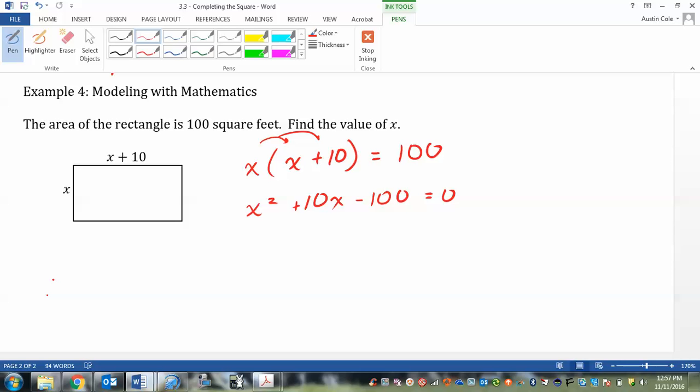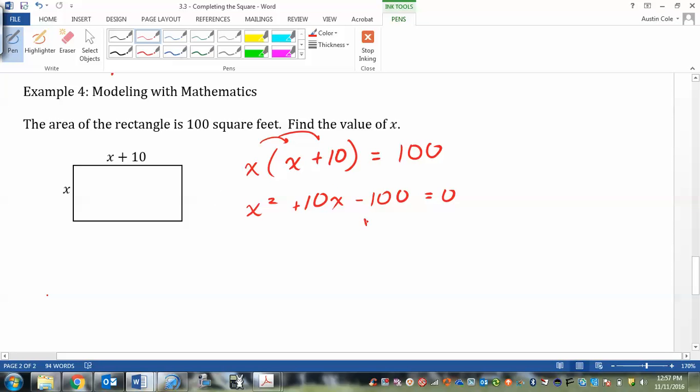Now, can I factor that? Factors of 100 that add up to 10. Negative 100 that add up to 10. I don't think that works, does it? No. So here's where we're going to complete the square. I already have an a value there of 1.